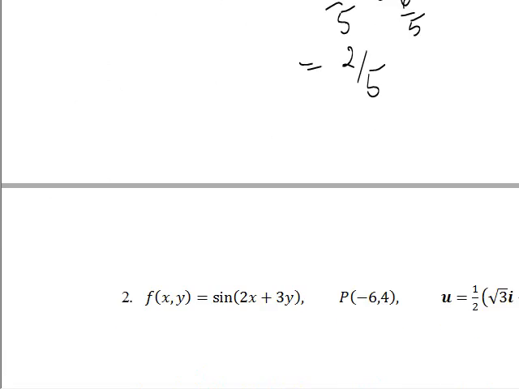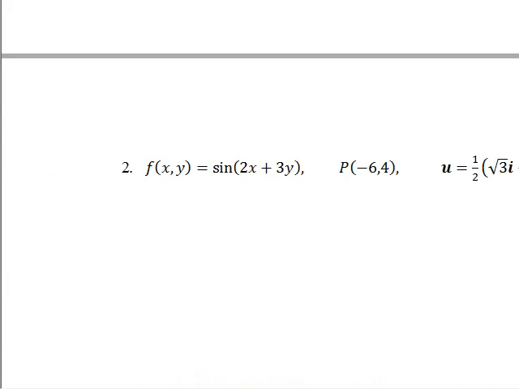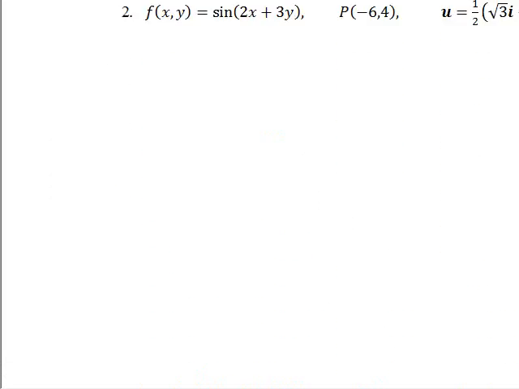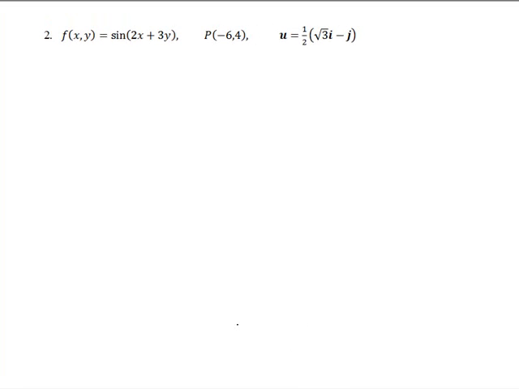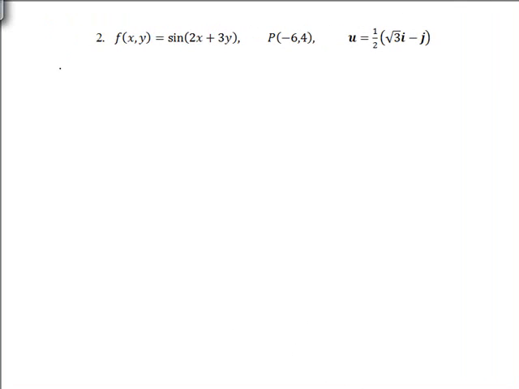Let's do another one. Number 2. Okay, so let's find the gradient. So the partials, let's do it. So the partial with respect to x, again we need to use the chain rule there. So that's 2 cosine 2x plus 3y.